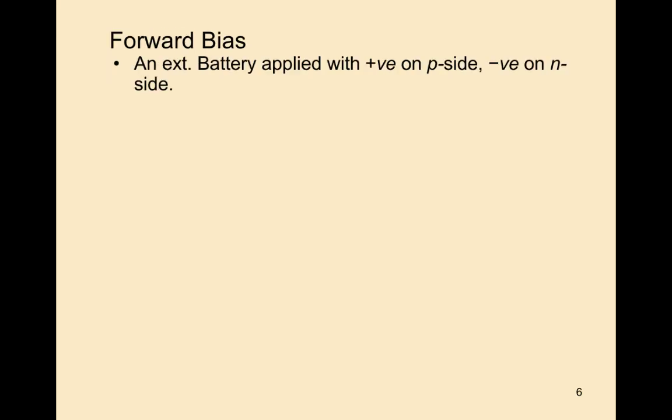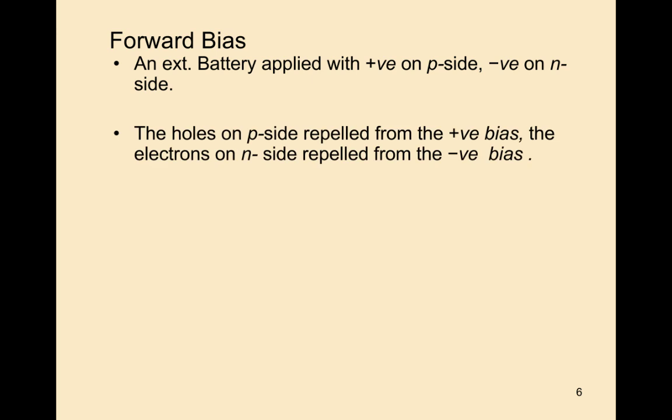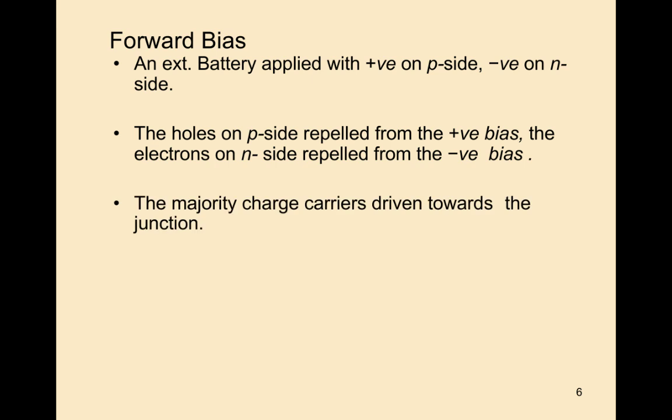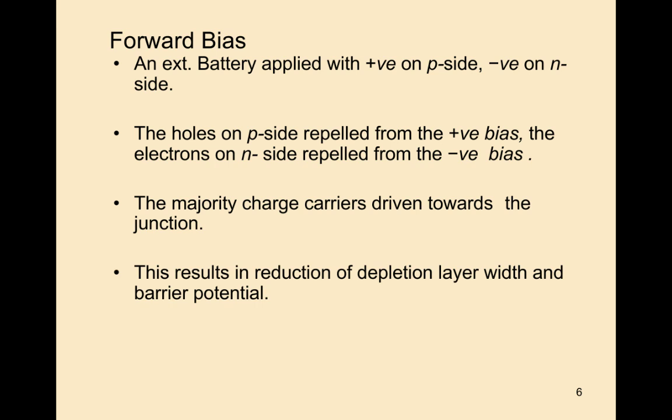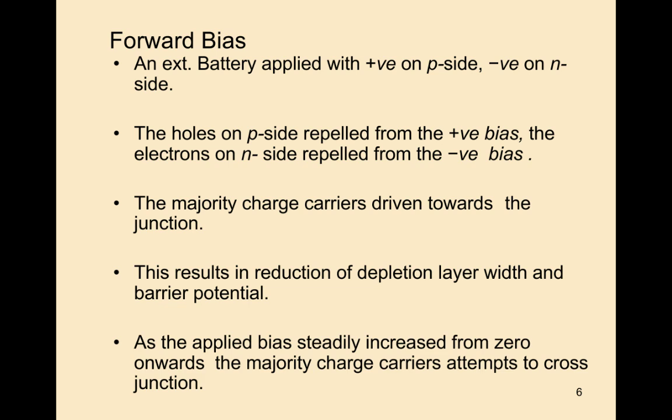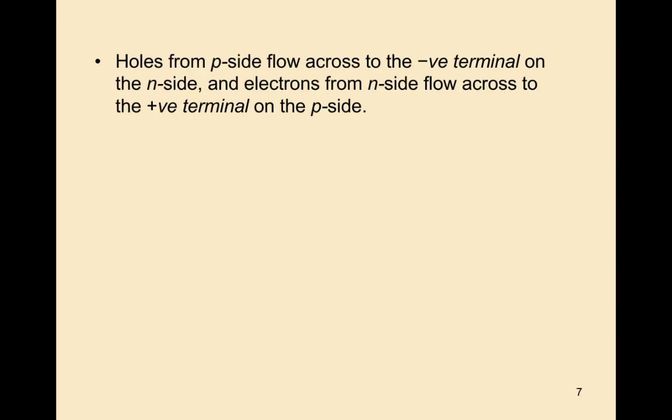Forward bias: an external battery is applied with positive on the P side, negative on the N side. The holes on the P side are repelled from the positive bias, the electrons on the N side are repelled from the negative bias. The majority charge carriers are driven towards the junction. This results in reduction of depletion layer width and barrier potential. As the applied bias steadily increases from 0 onwards, the majority charge carriers attempt to cross the junction.